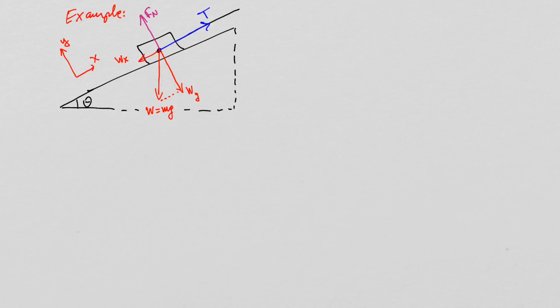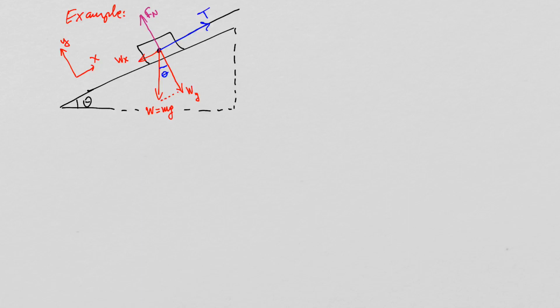Like if you take the small triangle and flip it and rotate, you will find out that the weight vector matches the hypotenuse of the incline. The y component is the base, and then the x component is the height. And so that means that this angle here between the weight and the y component of the weight is the same as that angle theta.